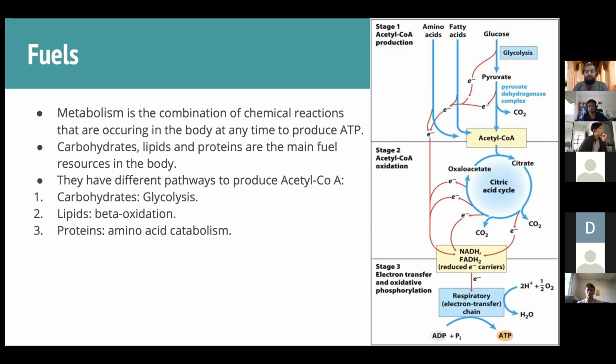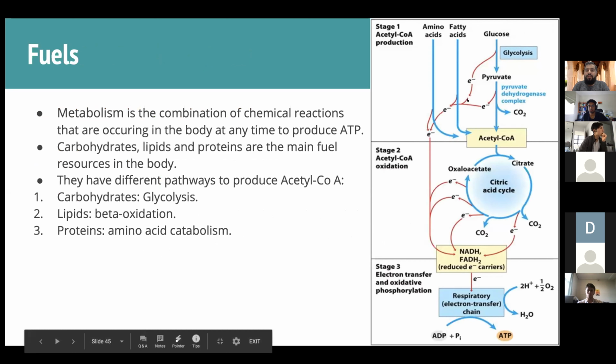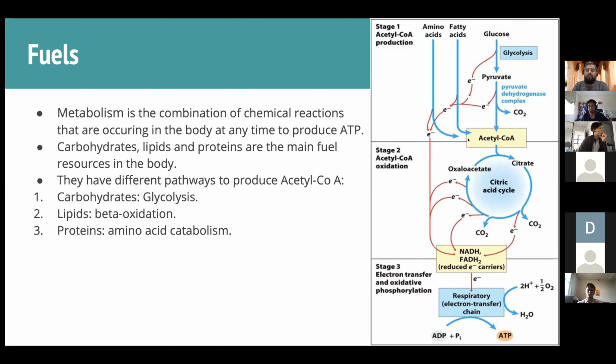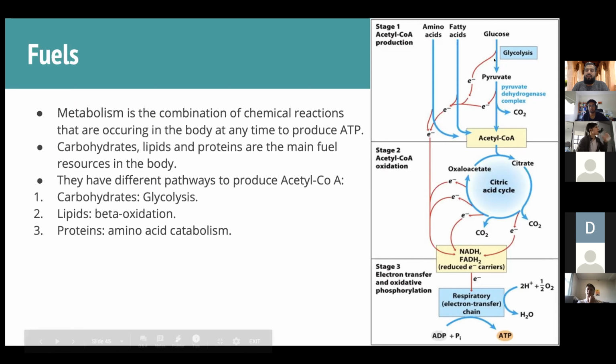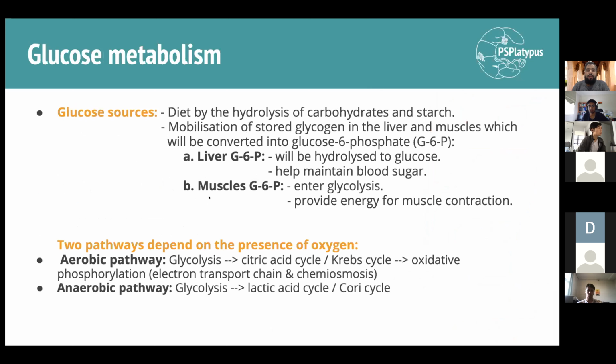All these three have different pathways to reach acetyl-CoA, and then the acetyl-CoA enters the citric acid cycle, and then oxidative phosphorylation, which are common among these three. They just differ in how they reach acetyl-CoA. So carbohydrates will reach that by glycolysis, lipids by beta oxidation, and proteins by amino acid catabolism.